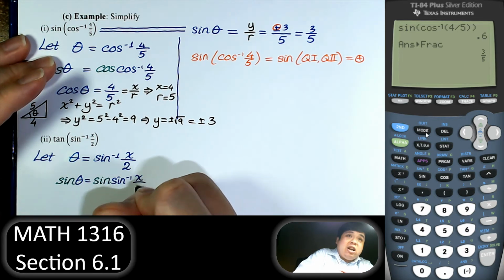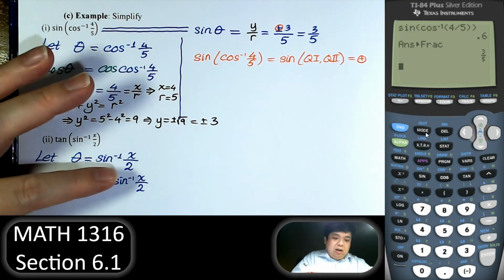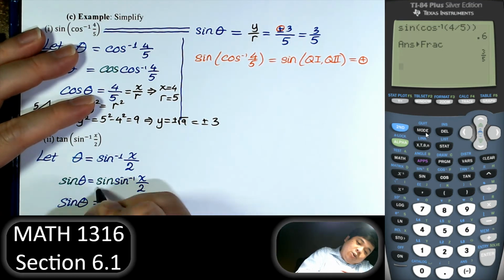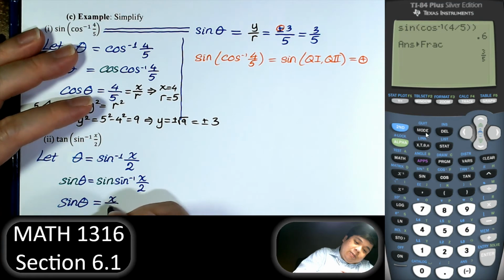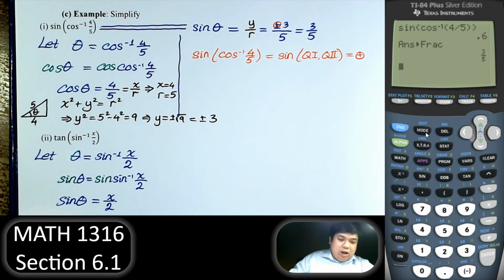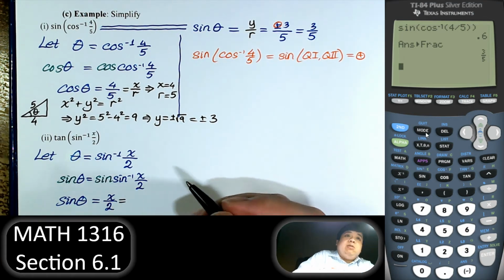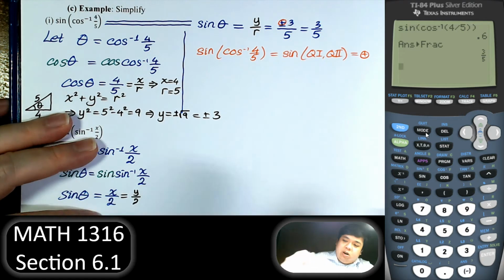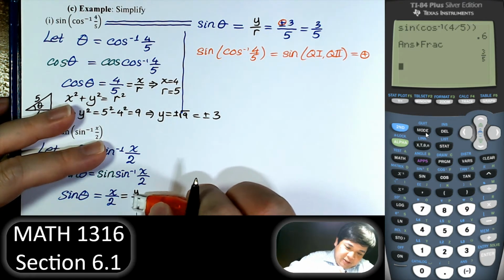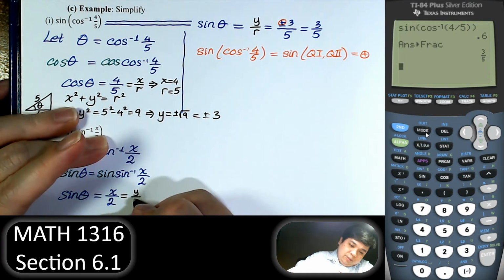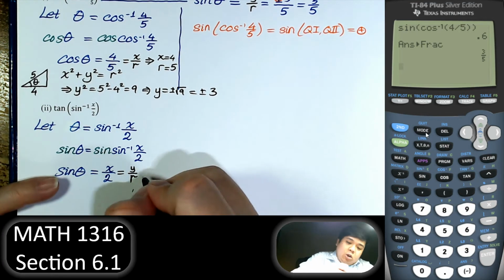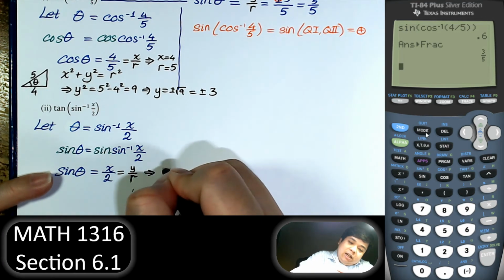If it's not, then we say it does not exist. They will cancel out though. Now, what is the ratio for sine? The ratio for sine is y over r.